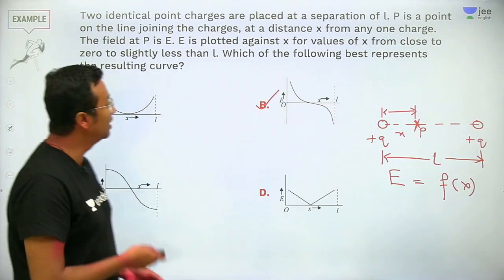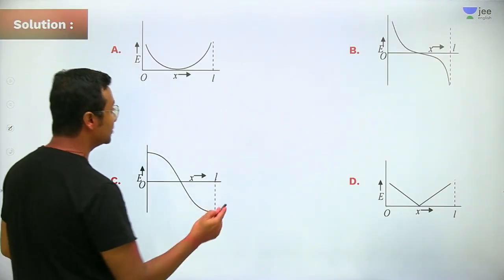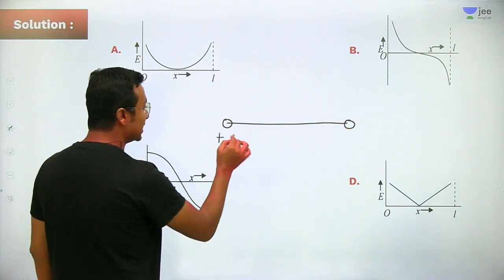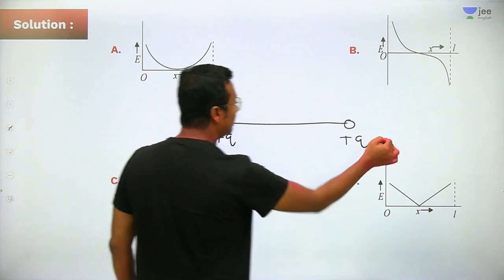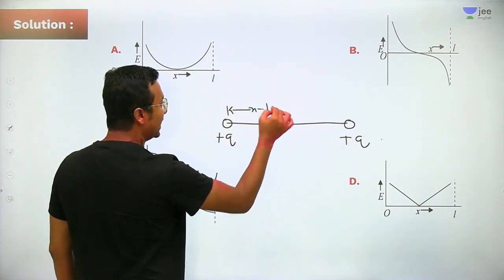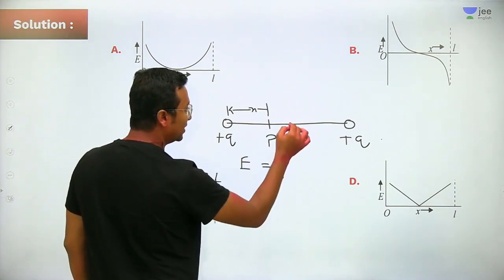Let me take more area so that we can discuss this better. We have two charges, plus q and plus q. This is the distance x, which is point P, where we are trying to find the electric field.